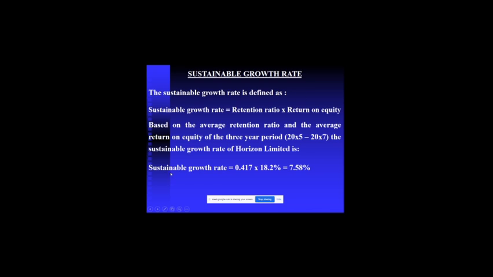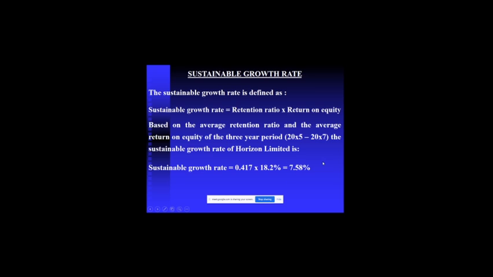Okay, so for sustainable growth rate, this is your average retention ratio, and this is your average return on equity for 3 years, and this is your sustainable growth rate. So what does this term mean? Sustainable means what you can expect in the future. It is just a prediction.